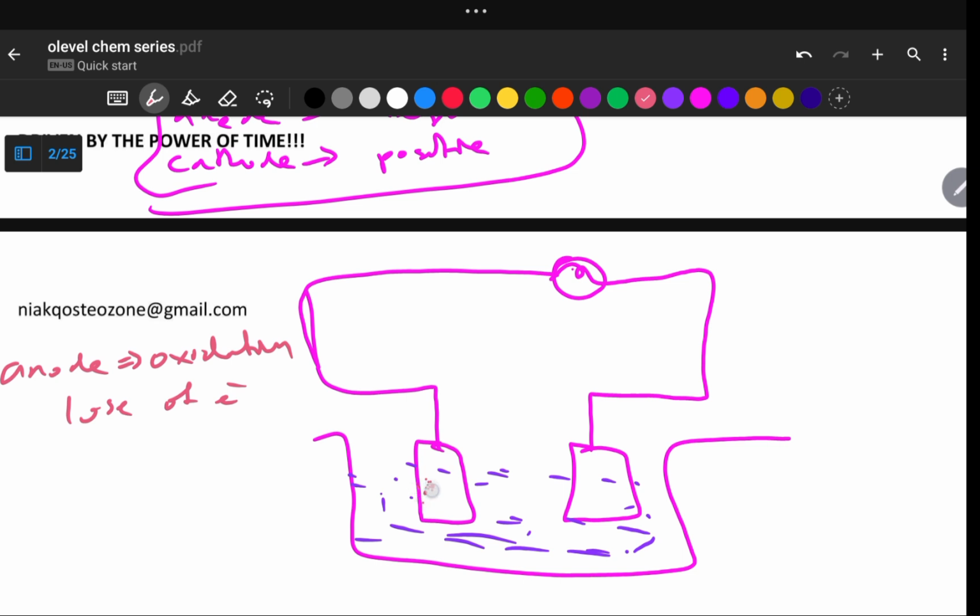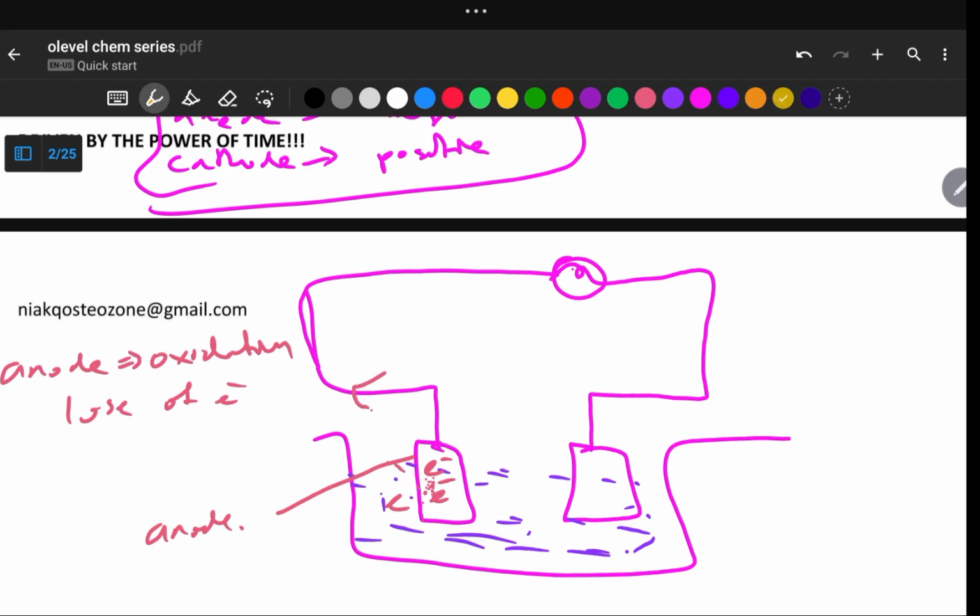So if this one is our anode, we're going to lose electrons from here, meaning it has a high concentration of electrons since we are losing some of them. So electrons are going to move from this anode. So this one is our anode because it has a high concentration of electrons. Are we together? So electrons are going to move from the anode.